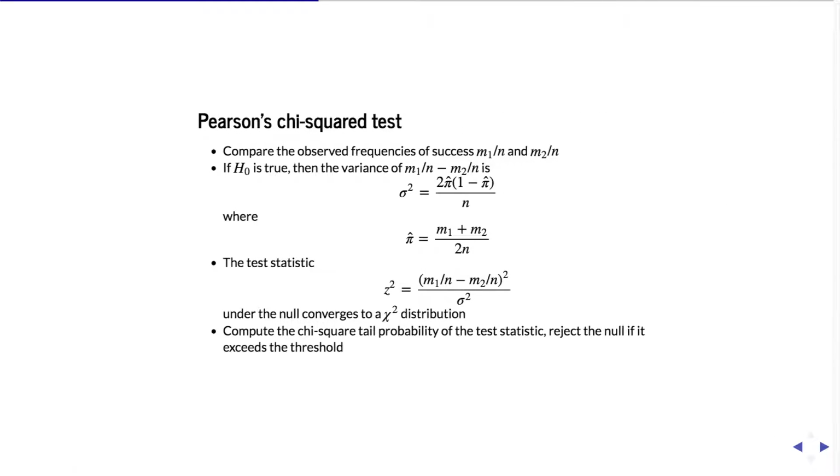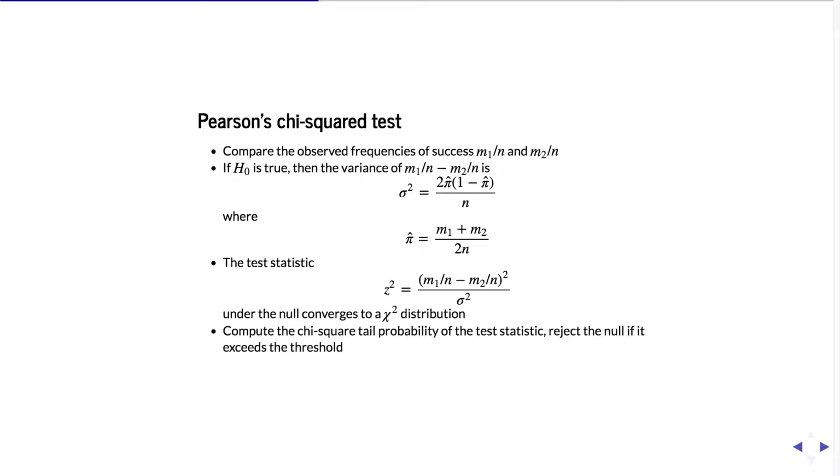What's much more common is people will use a chi-squared test. This is an asymptotic test where you compare the observed frequencies of your successes, so the actual fraction of heads and tails that I got, that M1 and M2. The trick here is that if the null were true, first of all, you could just compute the variance, right?